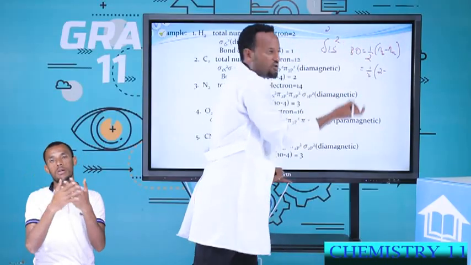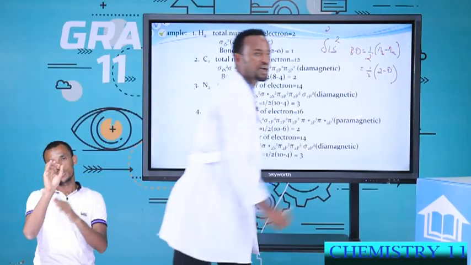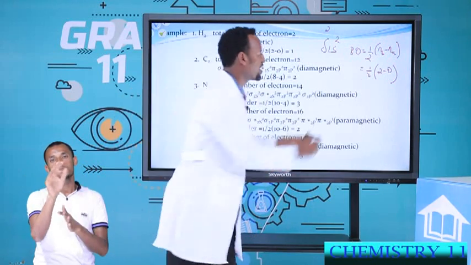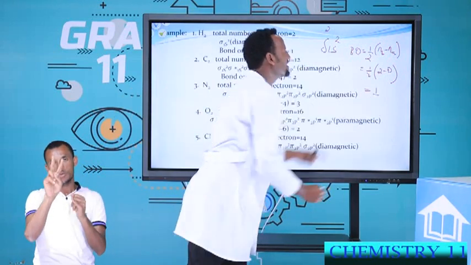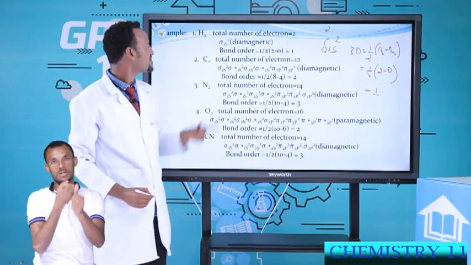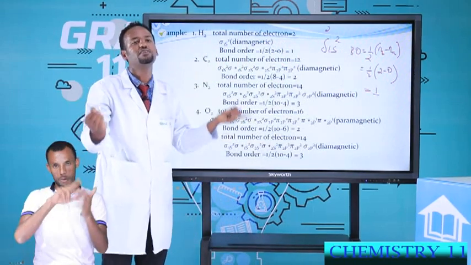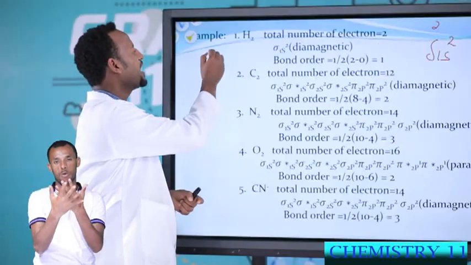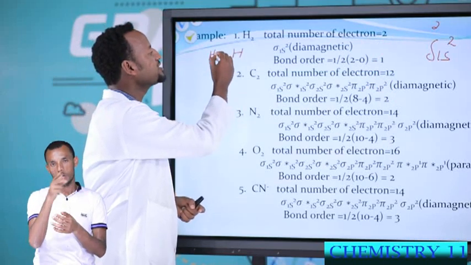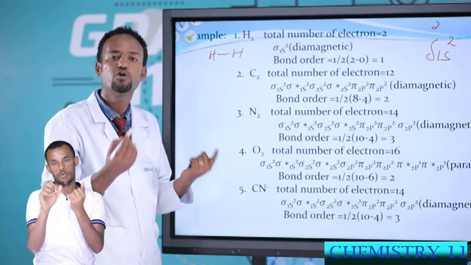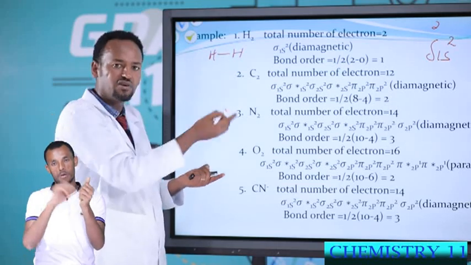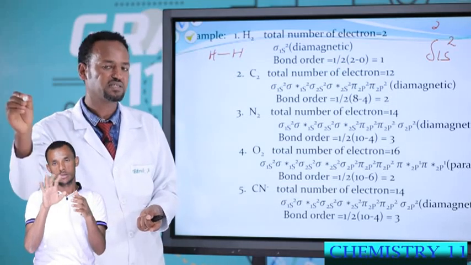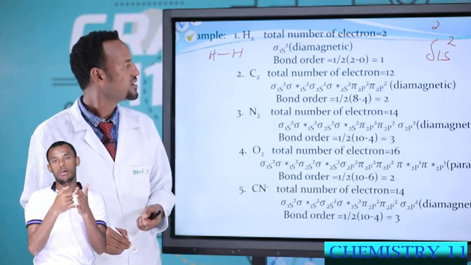Is there any star? No. Therefore, 0. 2 minus 0 is 2. 2 divided by 2 is 1. Therefore, the bond order is 1. That means it is a single bond between hydrogen and hydrogen. Therefore, bond order determines whether it is a single bond, double bond, or triple bond.